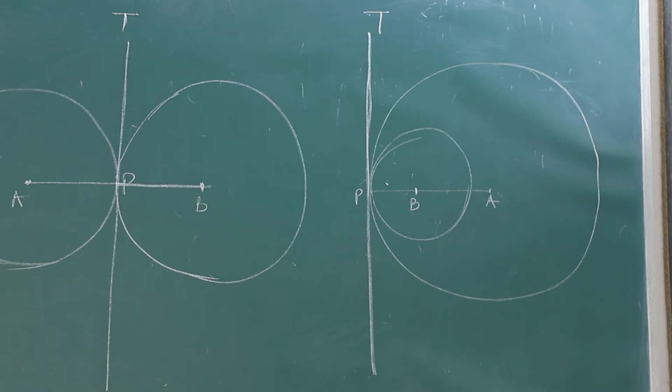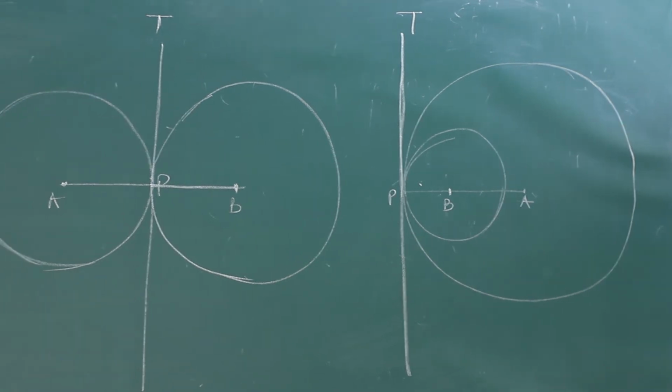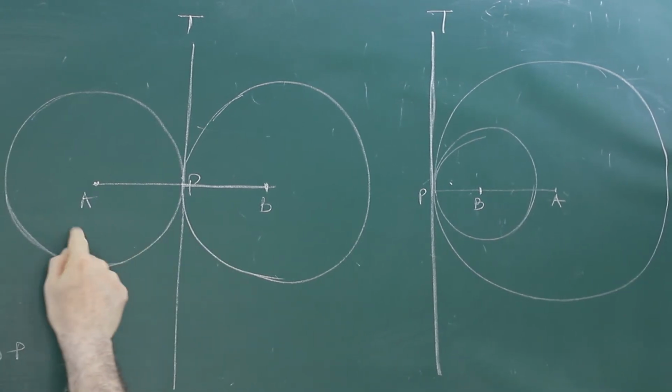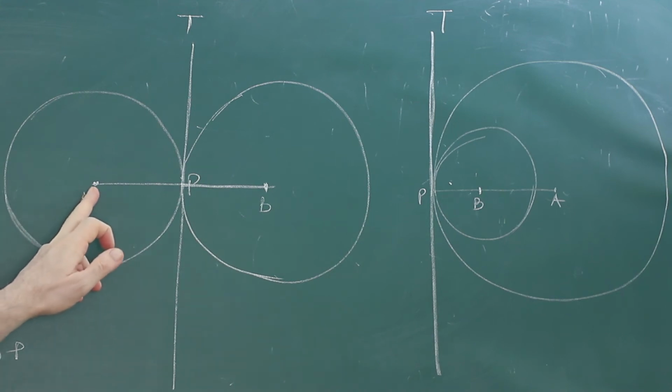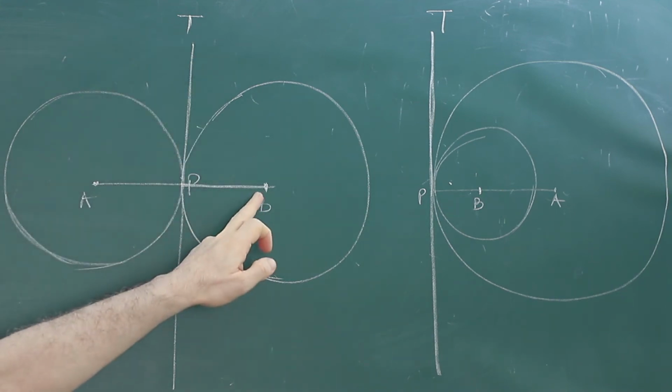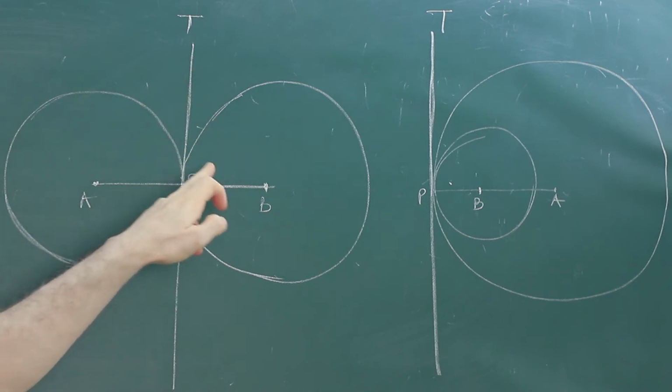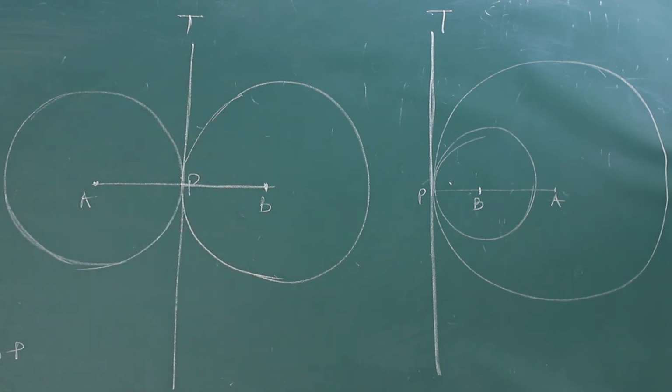In both cases we have shown that, whether the circles are touching externally or internally, P lies on the line joining AB. By saying angle APT and angle BPT are 90 degrees, when they are added they become 180 degrees and make a straight line.